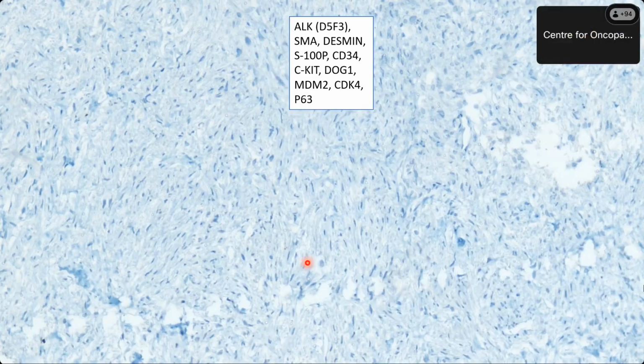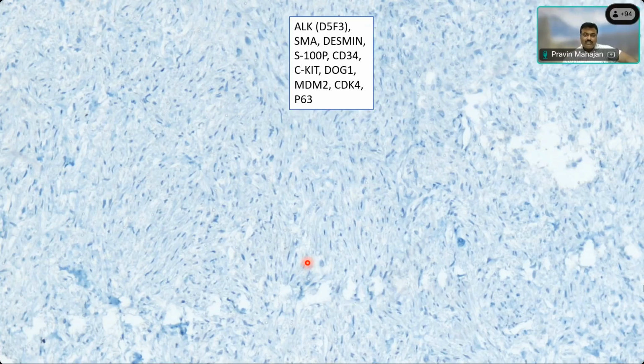There is a question in the chat box. Somebody called MM wants to know, sir, why did you put sarcomas including inflammatory myofibroblastic tumor? How can inflammatory and sarcoma be differentials together? No. So inflammatory myofibroblastic tumor is a type of sarcoma. Because these sarcomas have inflammatory cells sprinkled in between, once upon a time people used to call them plasma cell granulomas, because you see sometimes a lot of plasma cells in them.